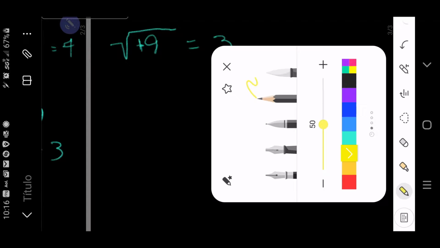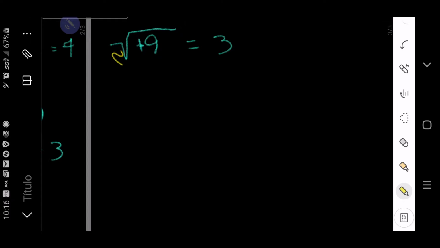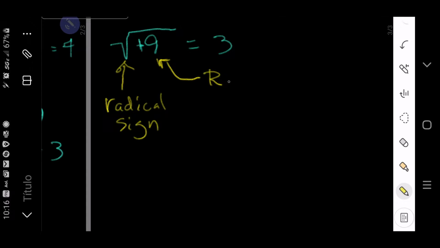So we discussed in the last slide that this symbol is called the radical sign, and the number below the radical sign is called the radicand.